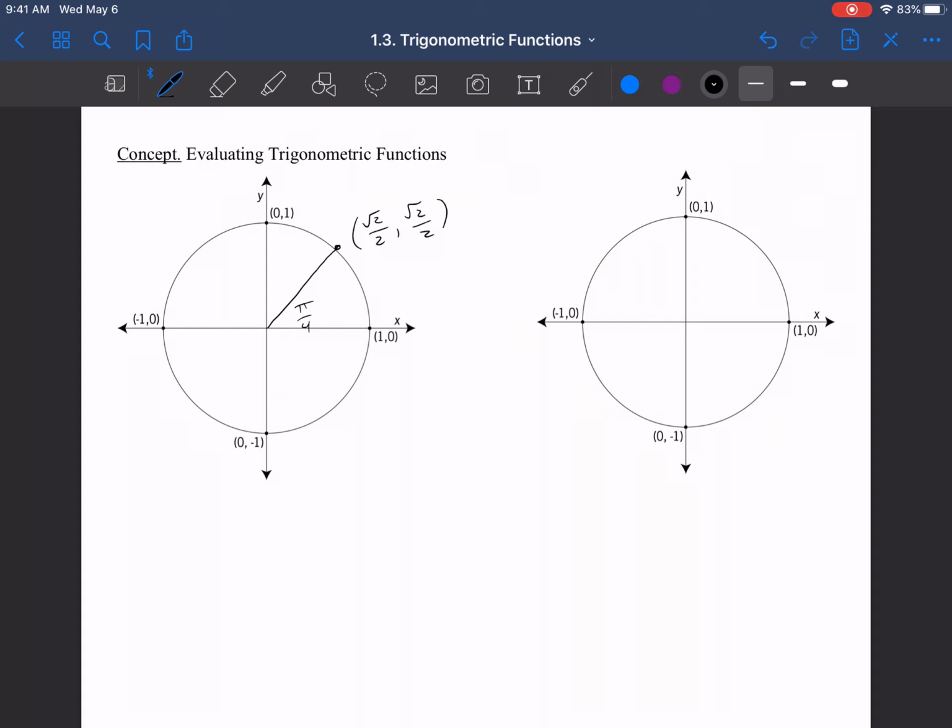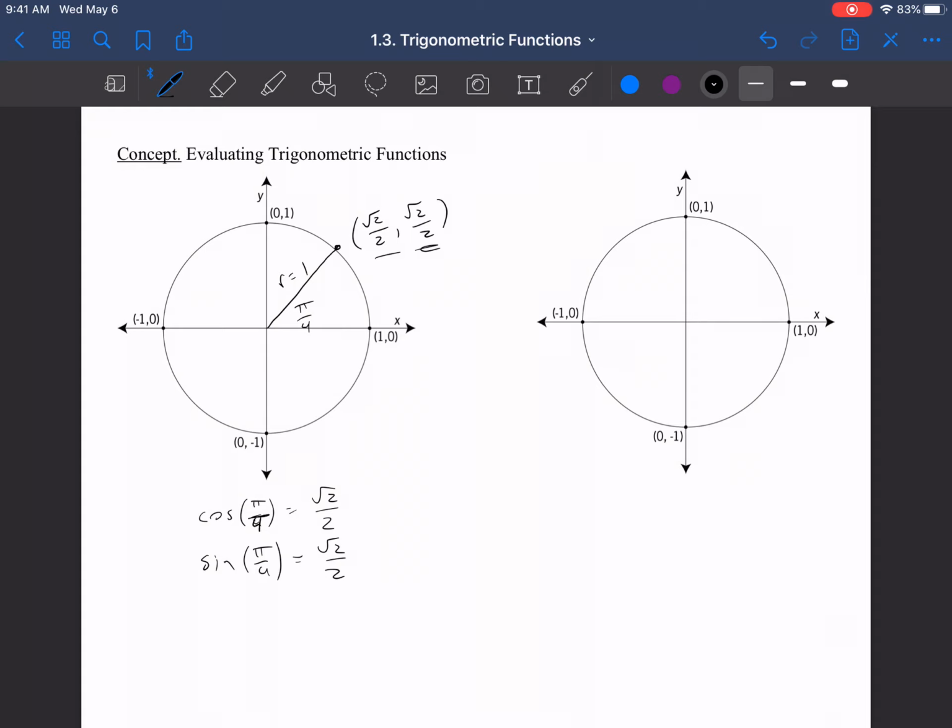And so I can just pick out, because this is the unit circle, the radius equals 1, I can just basically pick out the x and y values for these. So cosine of pi over 4, I just pick out the x value, square root of 2 over 2. Sine of pi over 4, square root of 2 over 2. I just pick out the y value that time. Happens to be the same for this one.